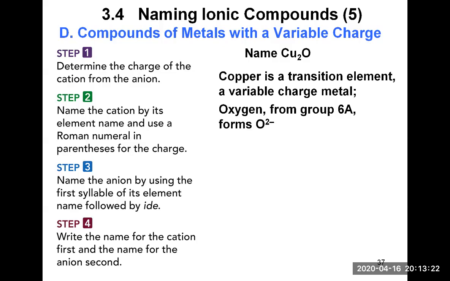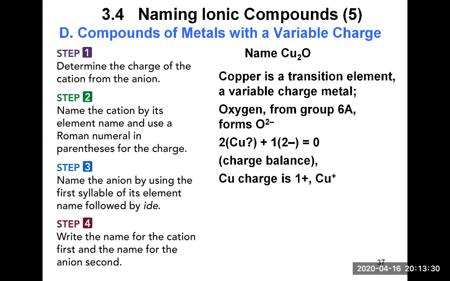Because we have 2 atoms of copper, they will share the charges, so each copper will be Cu+ with 1 positive charge. Those two Cu+ make two positive charges and cancel the two negative charges from the oxygen.